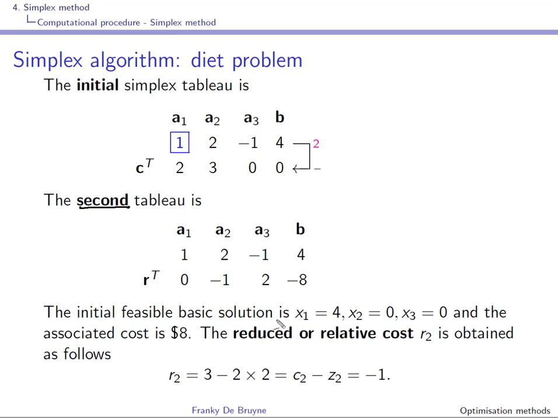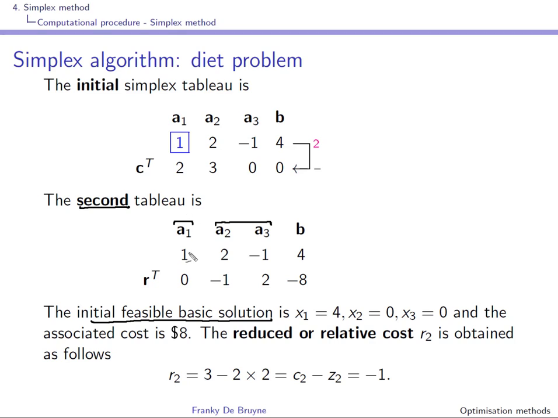You can read the initial basic feasible solution, right? This is a basic variable, and these are two non-basic variables. This is an operational variable, and this is a surplus variable. So as you can see, this one is basic, so you can read the initial feasible basic solution from the tableau.